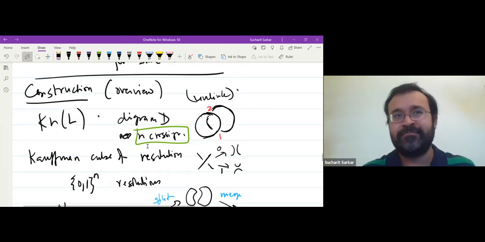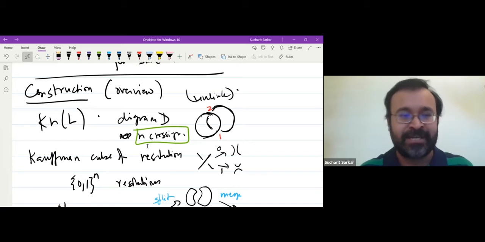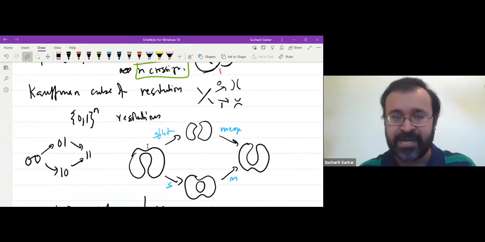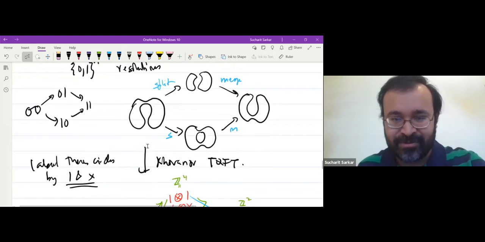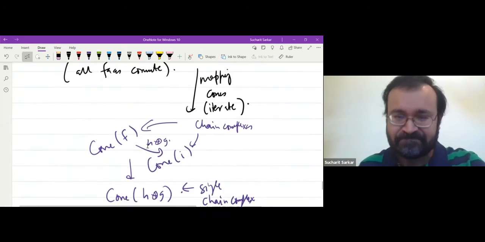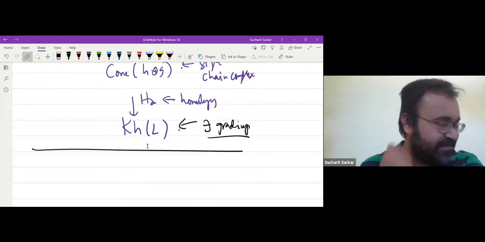You take the Z-sheeted abelian cover, and you take the fundamental group there. You do something very topological and you get a polynomial. Here you do something very combinatorial, starting from a diagram, and you still get a homology theory that carries geometric information. Okay, so now let me keep going.